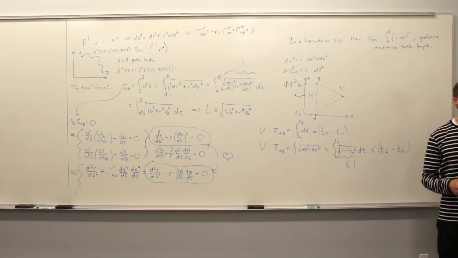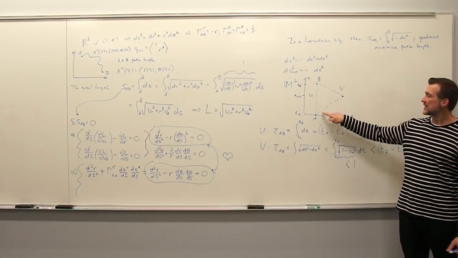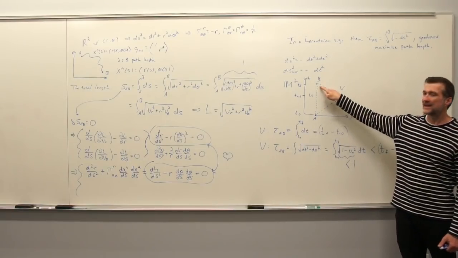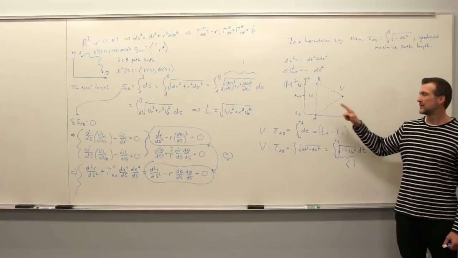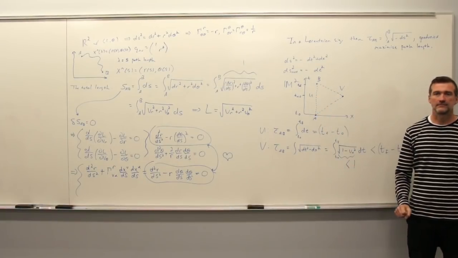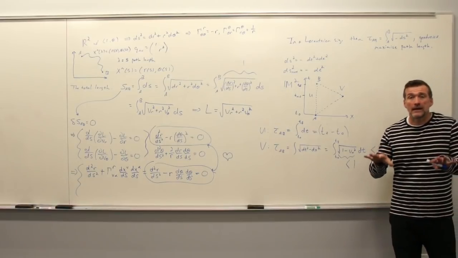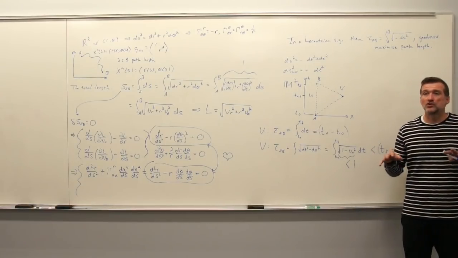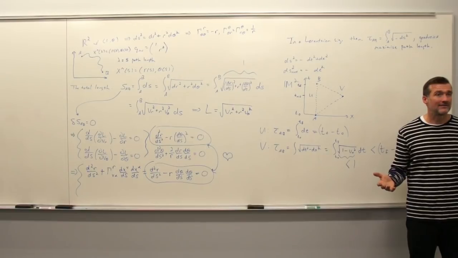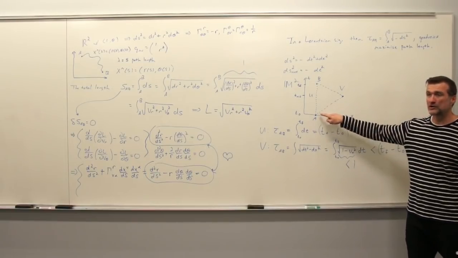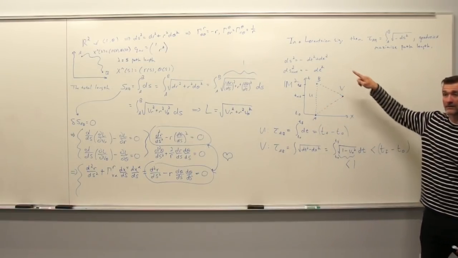So at the end of the day, as weird as it seems, this path is actually shorter than this path. Now clearly, that means there is no shortest path I can draw, because I can make the path shorter and shorter by just going further and further out.